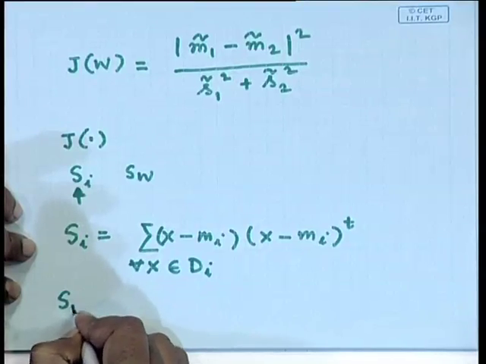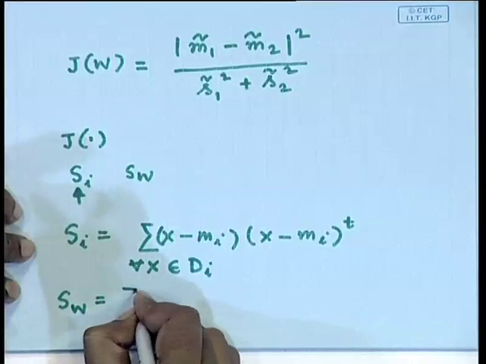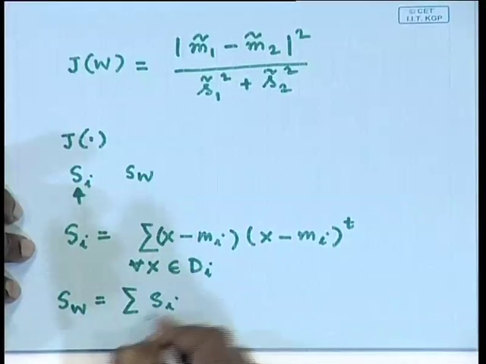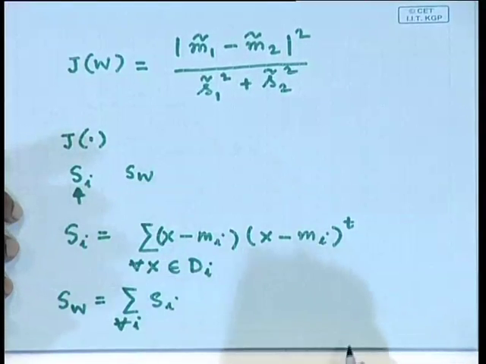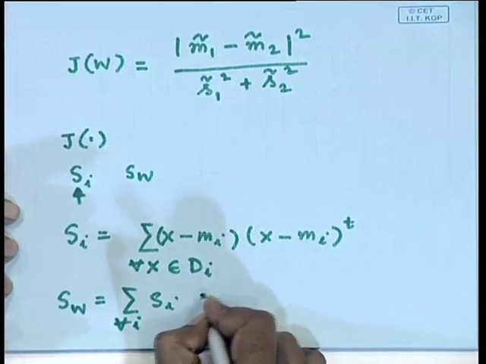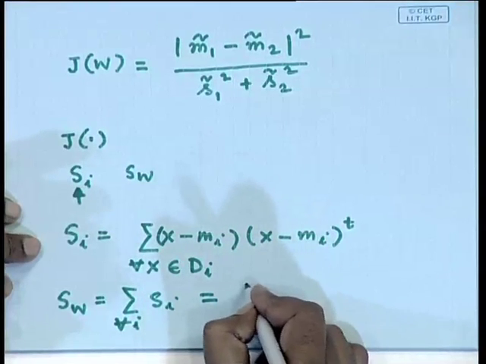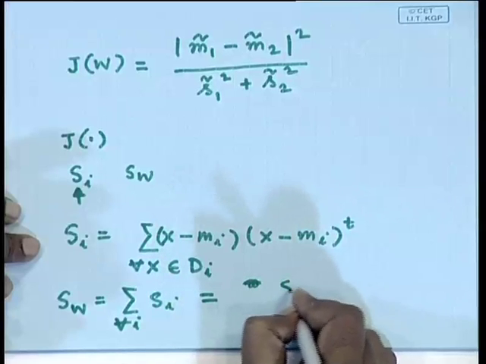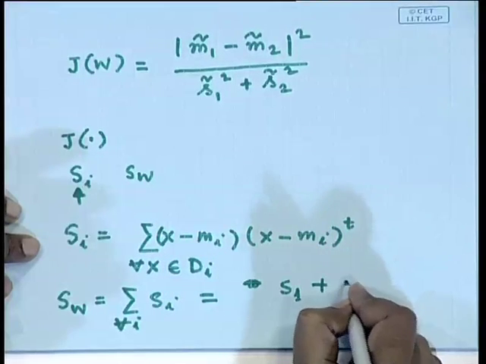Once I get the scatter for individual classes, then I can define total within class scatter as S_w equal to the sum of S_i over all i. And here we are considering only two classes. So, this will be S_1 plus S_2.